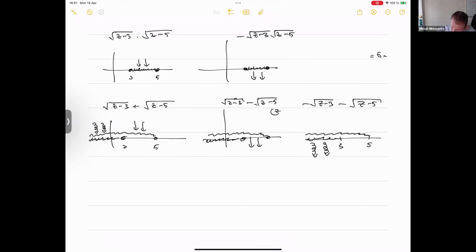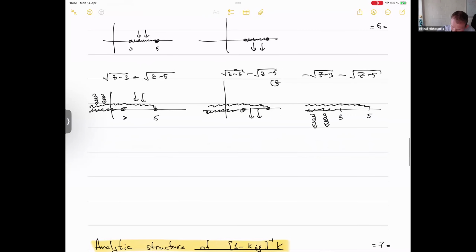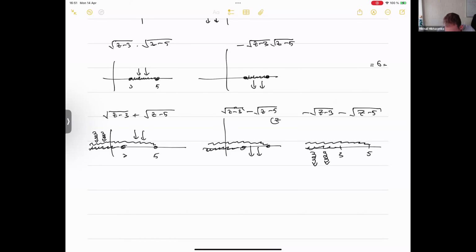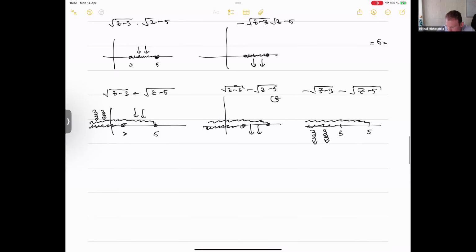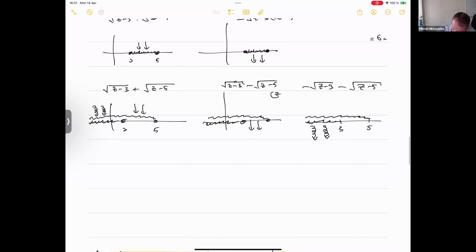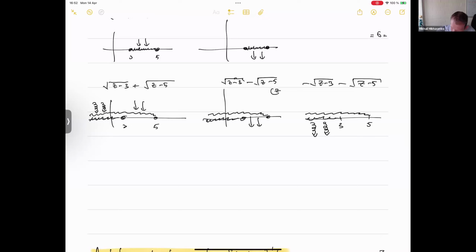In that case, we have to deal not with 2 sheets, but with more sheets, and there are 4 different possibilities for the signs. Therefore, this function has 4 sheets. The one that I didn't describe is when we only cross the cut related to the 3, when you go in that direction.